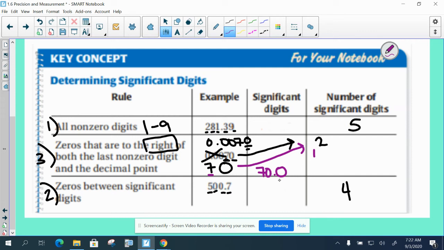This 0, since it's to the right of the decimal point, does count. Basically, if you have any zeros in the tenths or hundredths or millionths place, those zeros count. This 0 would count because it's between these two significant digits, and this 7 obviously counts because it's not 0. So there are 3 significant digits in that example.